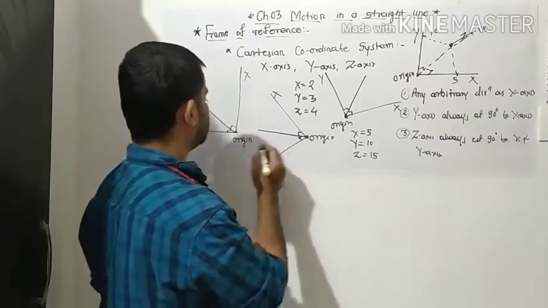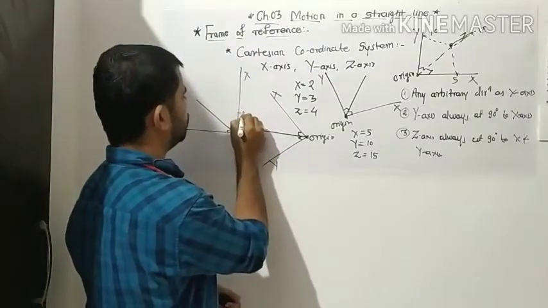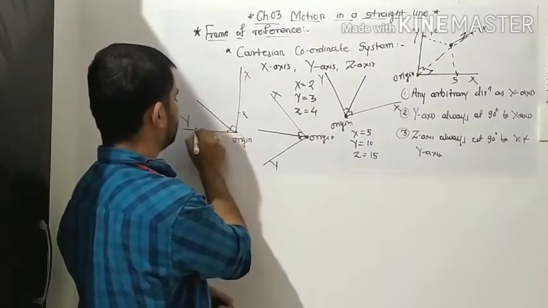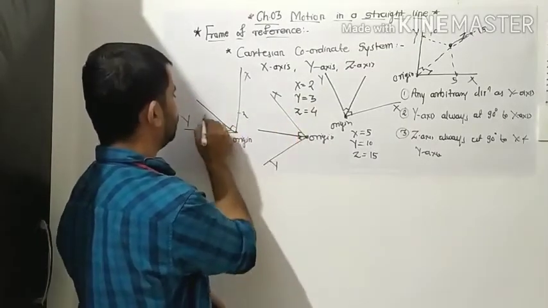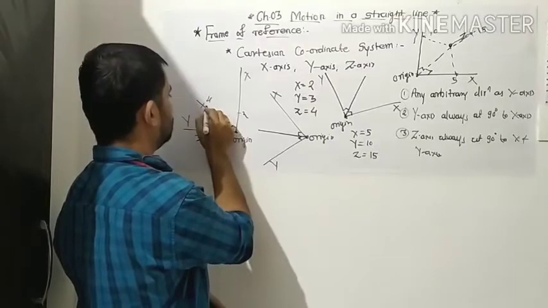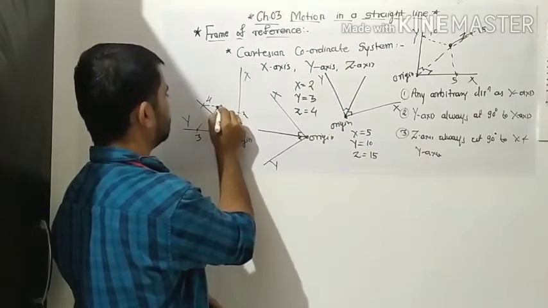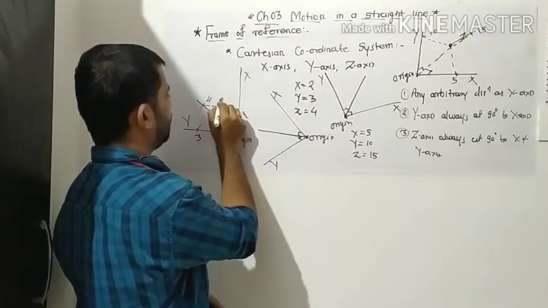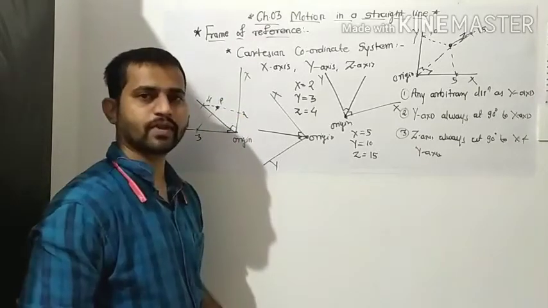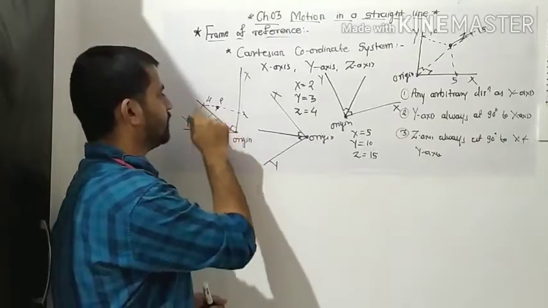So if x is equal to 2, suppose this is the x, so here is the 2, y is equal to 3, here is the 3, then z is equal to 4, here is the 4. Wherever the meeting point of all these is, we can call it the point P. Okay, so this is the location of the point P.